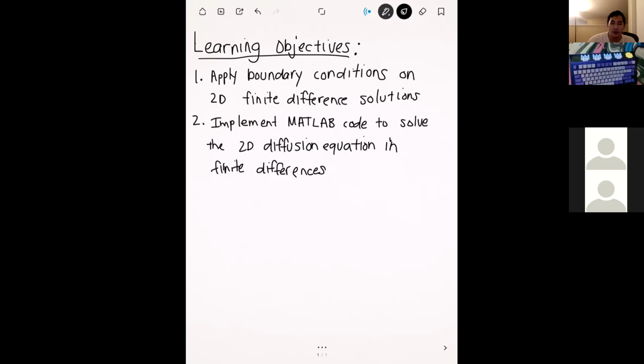So if you can look up how to do 2D color contours, that's what it is.